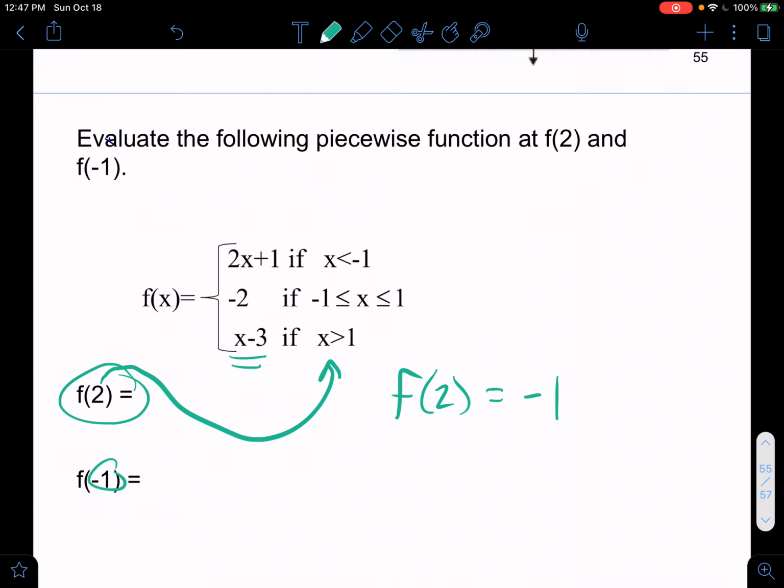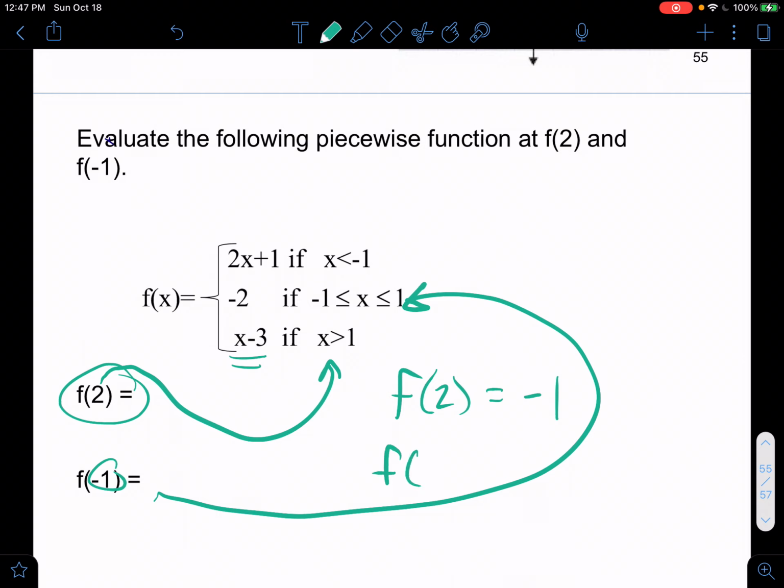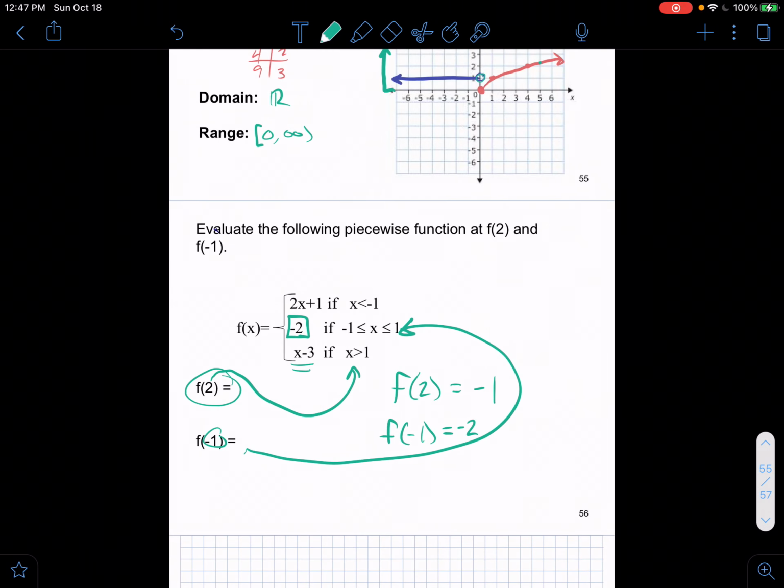And f of negative 1, we're actually having to use the middle rule. We're not less than negative 1, which means f of negative 1 would be just equal to negative 2, because anything in that interval is always equal to negative 2.